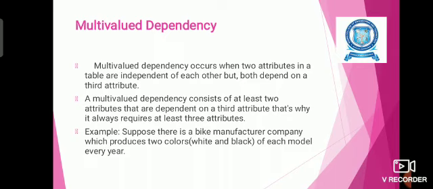Multivalued dependency occurs when two attributes in a table are independent of each other but both depend on a third attribute. So in a multivalued dependency, a table should have at least two attributes that are dependent on a third attribute. For example, a bike manufacturer company produces two colors, white and black, of each model in every year.